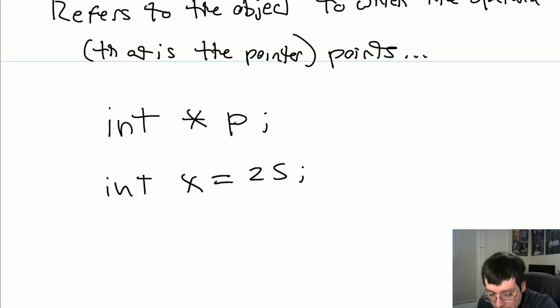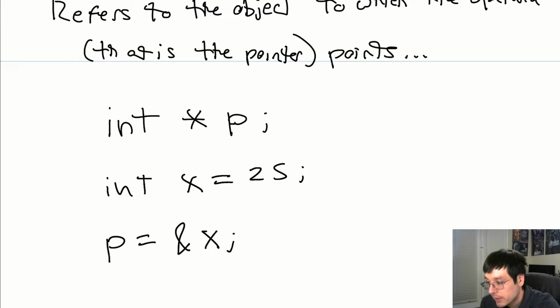Let's make the pointer point to our variable, to our x. How do we do that? Well, we can do that by using the assignment operator on the pointer variable p. So we're saying p gets, and then instead of just saying p gets x, we are going to be putting an ampersand in front of it, okay?